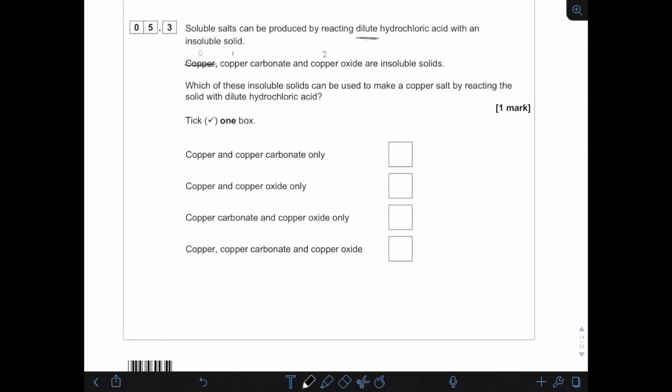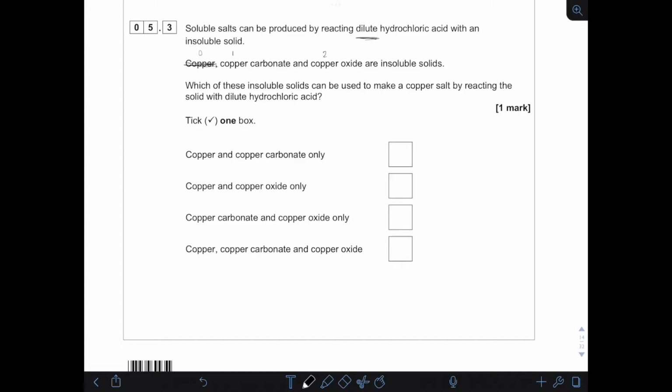Copper carbonate is a weak base and it definitely reacts with hydrochloric acid. The copper oxide, again, this is kind of an edge case. I would say it probably would react with hydrochloric acid, but it depends on what you've been taught.